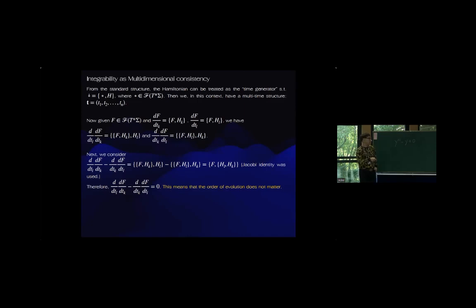It turns out that at the end, after we apply the Jacobi identity, we get this quantity that is the involution of the Hamiltonians. Then the order of the time evolution doesn't matter in this case.